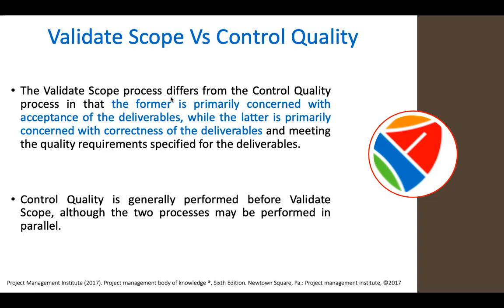Control quality is generally performed before validate scope, although the two processes may be performed in parallel. So whenever we are working on control quality, we need to ensure that our process is robust, so that we don't get problems. And when we validate scope, obviously if quality is already controlled, we tend to make fewer mistakes.